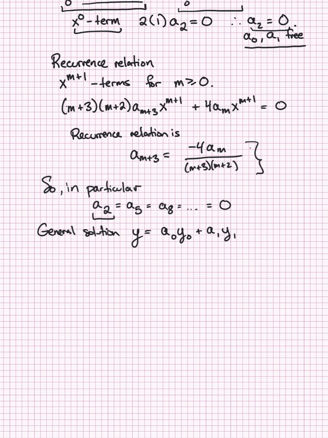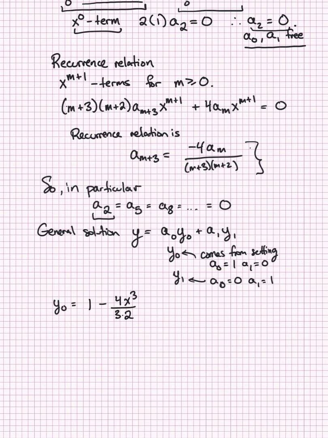y0 comes from setting a0 to be 1 and a1 to be 0. y1 comes from setting a0 equals 0 and a1 equals 1. I'll write down just the first few terms. So y0 is equal to 1, and then we have minus 4 over 3 times 2, x cubed.